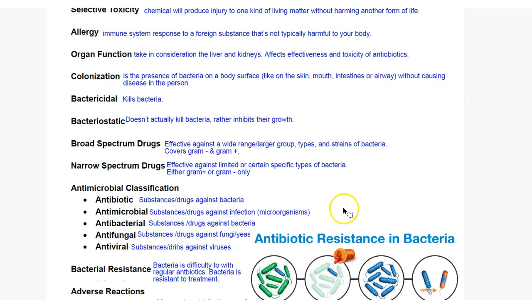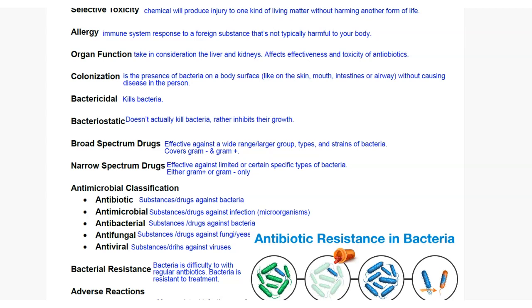Next up, we're going to talk about broad spectrum antibiotics or drugs and then narrow spectrum drugs or antibiotics. So let's first start talking about broad spectrum drugs. So broad spectrum drugs are basically effective against a wide range or larger group of types and strains of bacteria. So it covers both gram-negative and gram-positive.